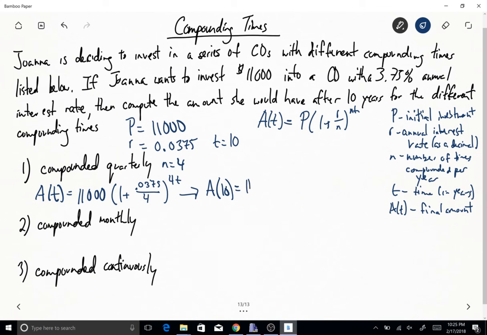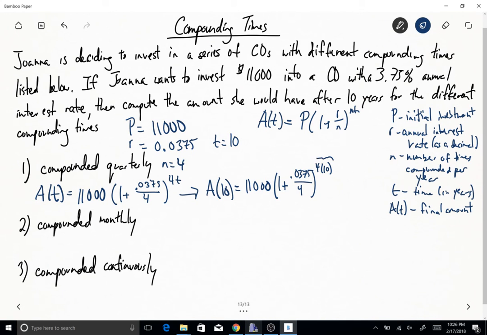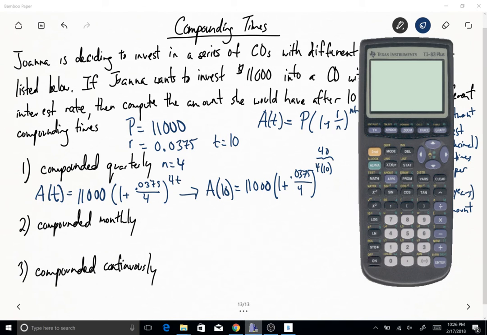So that's 11,000 times 1 plus 0.0375 divided by 4 raised to the 4 times 10. And now here's where you need a calculator, and hopefully you can see how you have to be a little bit careful here. So what I would recommend a lot of times is writing this as 40, just because it's going to be easier when you're punching things in.